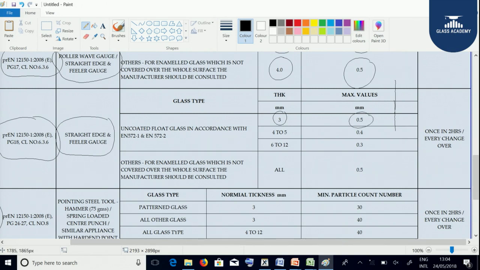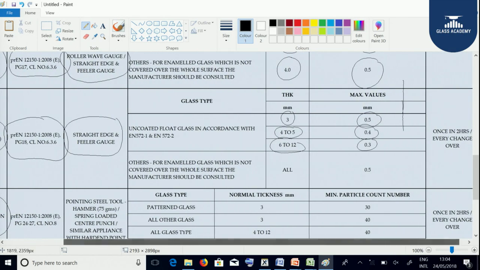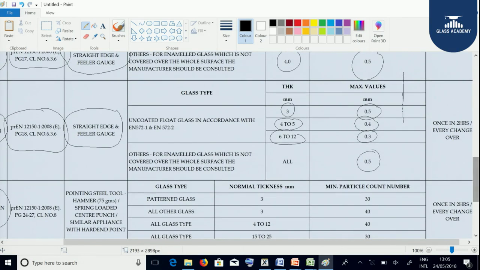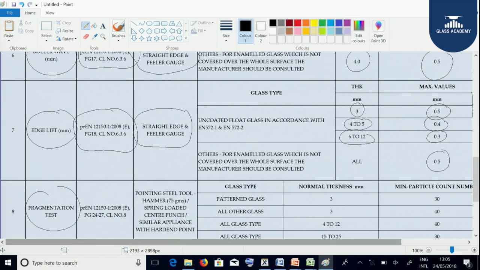If my thickness is between 4 to 5 mm, the maximum edge lift allowed is 0.4 mm. If my thickness is between 6 to 12 mm, the maximum edge lift allowed is 0.3 mm. And for enamel glass, the edge lift allowed is 0.5 mm. The frequency of edge lift measurement shall be every 2 hours or whenever there is a changeover.